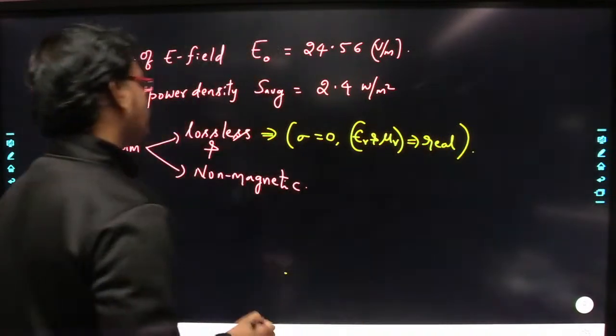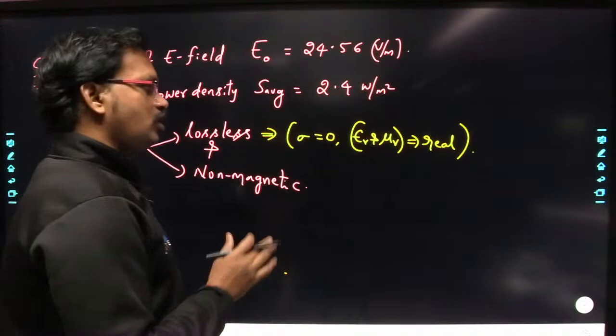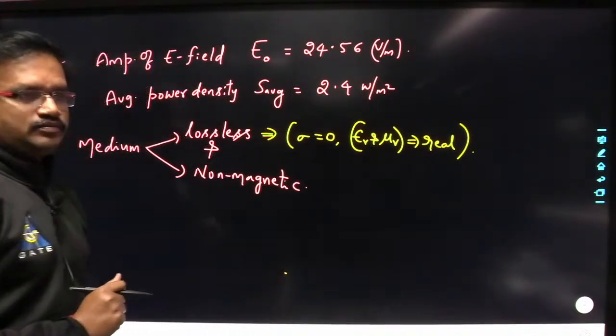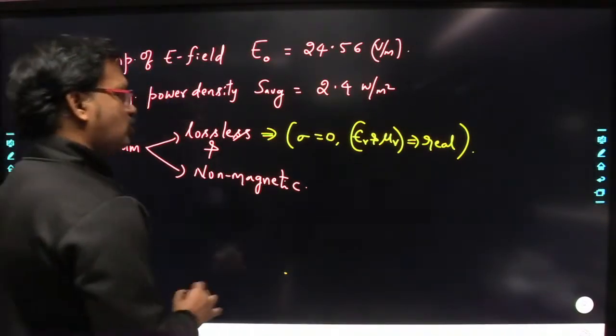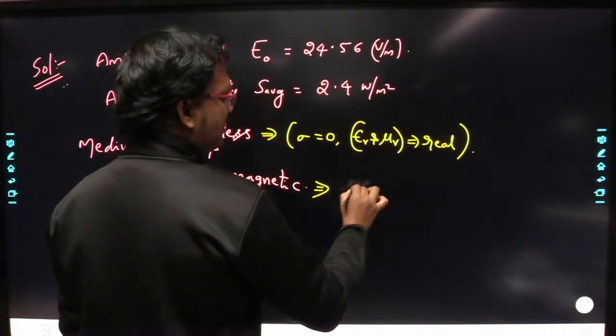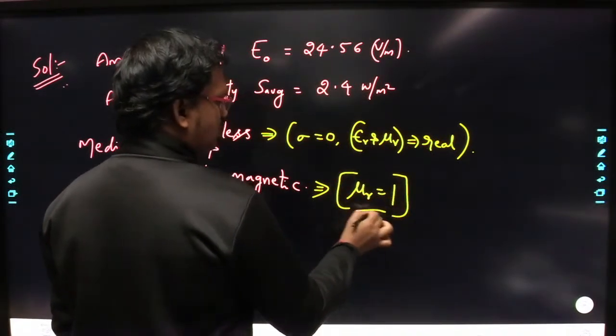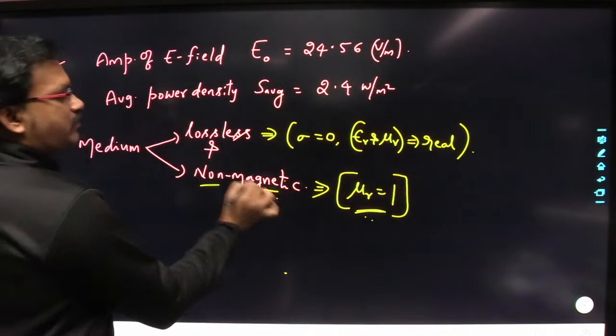Next, what do you mean by non-magnetic medium? Non-magnetic medium means the relative permeability of this medium is equal to 1.